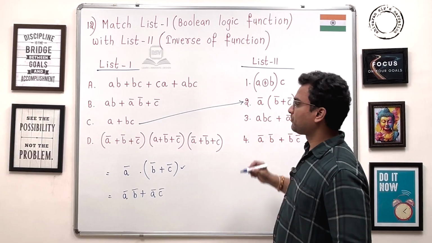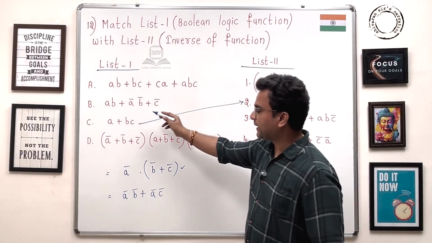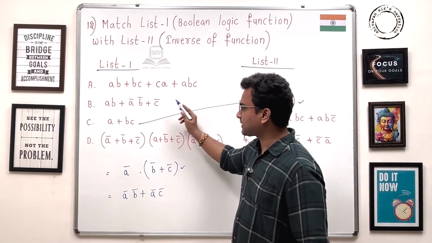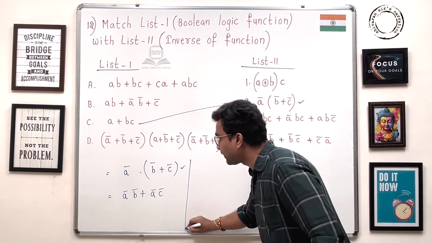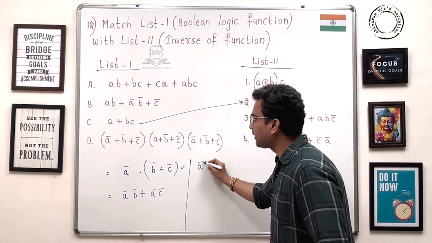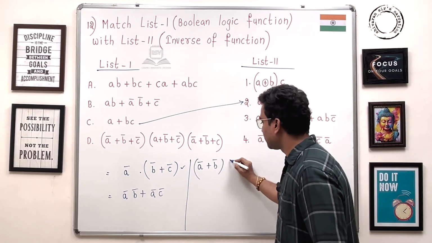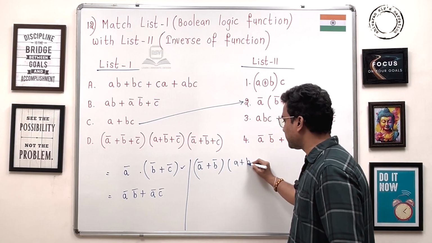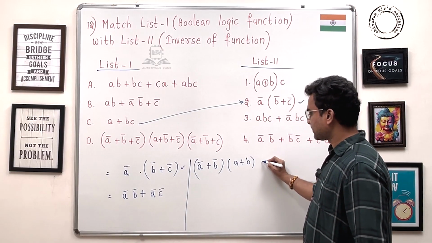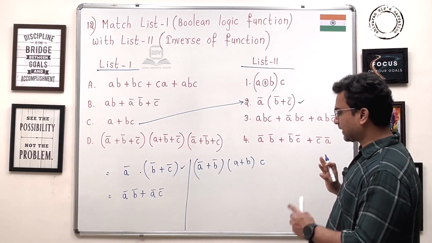Now, you take the B: AB plus A bar B bar plus C bar. How do you get it? It is A bar plus B bar into A plus B into C. That's it guys.